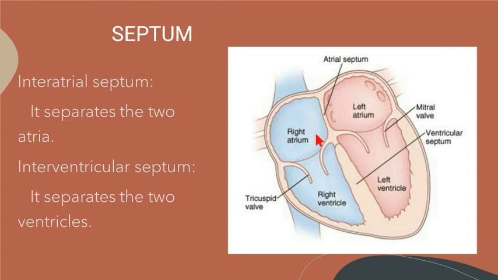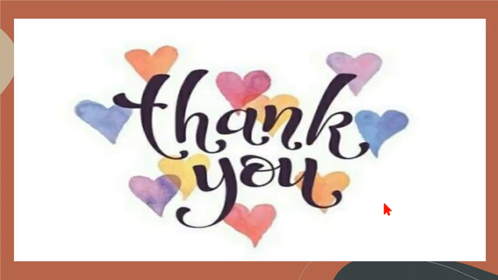The one present between the right atrium and left atrium is called the atrial septum, and the one present between the right ventricle and left ventricle is called the ventricular septum. So the function is to separate the right side of the heart from the left one.